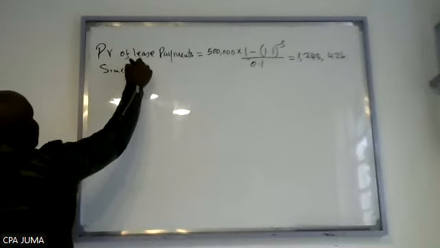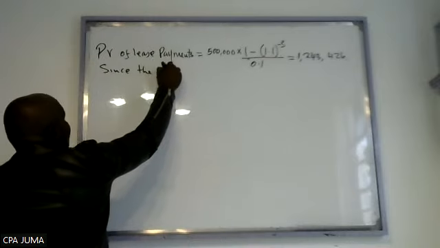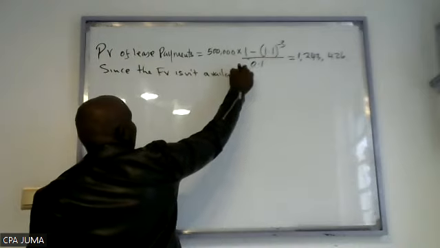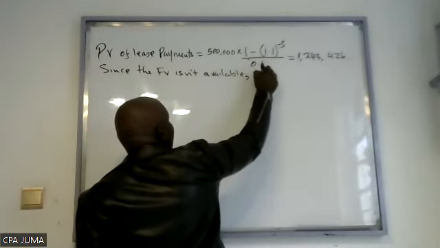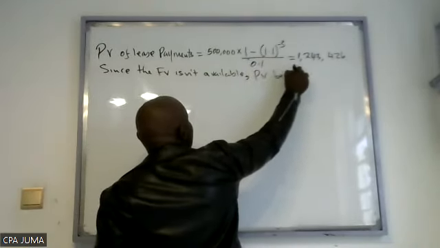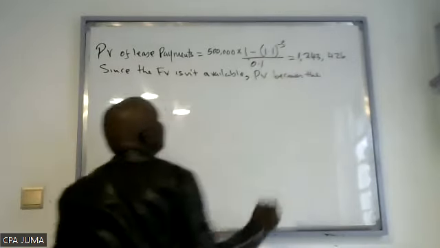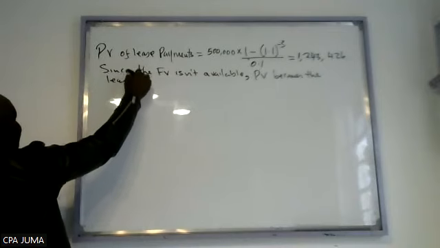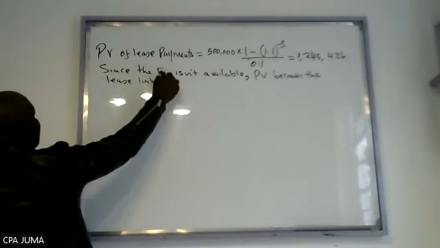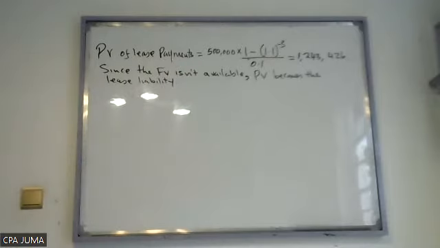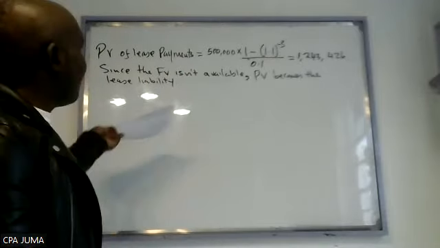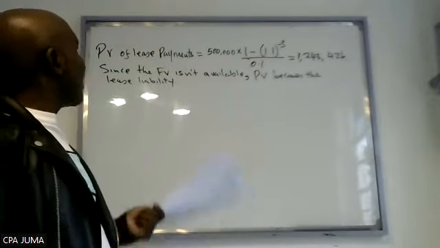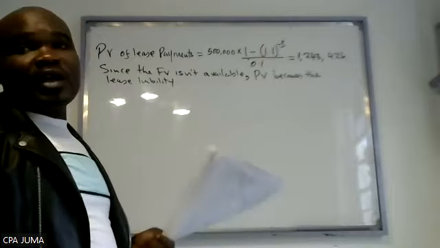Since the fair value is not available, the PV becomes the lease liability. So that is the one you will consider. But if the fair value was there, you compare the two and go for whichever is lower. But now we only have the present value.